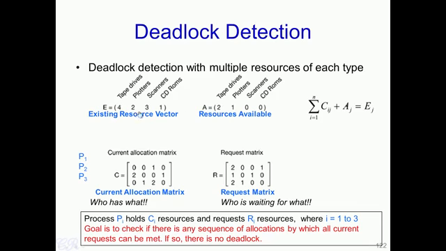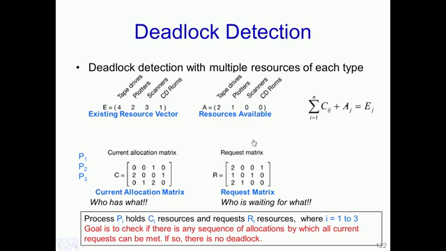Similarly, if you look at plotters, out of the 2 plotters, 1 is allocated and 1 is free. Out of the 3 scanners, we see that all 3 are allocated, so it is 0 over here. Similarly, there are no CD-ROMs available to be allocated.